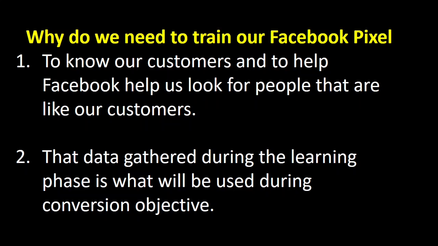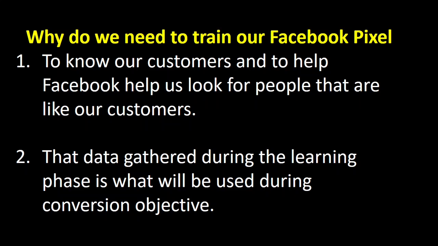Then during conversion, you will now create a lookalike audience of people that have purchased your product, and you are going to tell Facebook to look for people that are like those people that have already purchased your product.